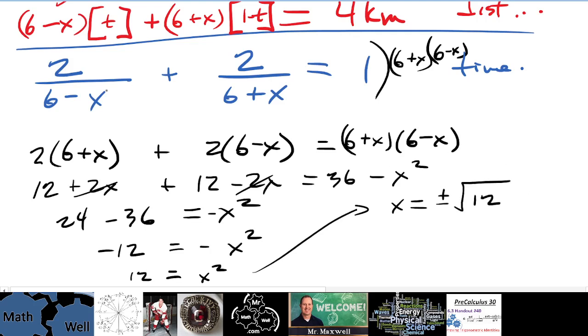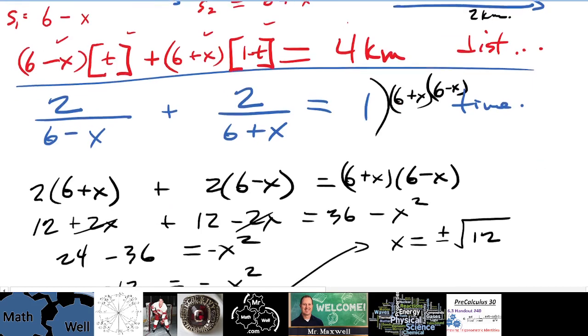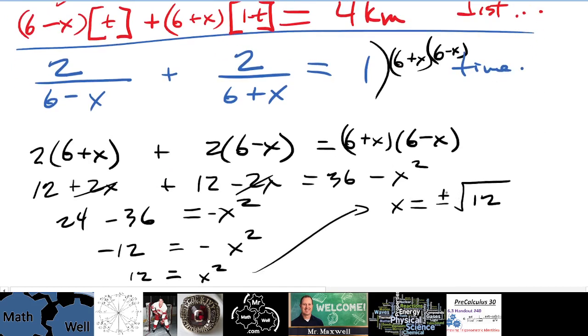Now, as far as an x goes, should I take the positive one or the negative one, or should I consider both? Well, I mean, yeah, you usually want to stay away from negative stuff in questions like this, right? Because you're subtracting a negative and adding a negative over here, and then you're subtracting a positive and adding a positive over here.